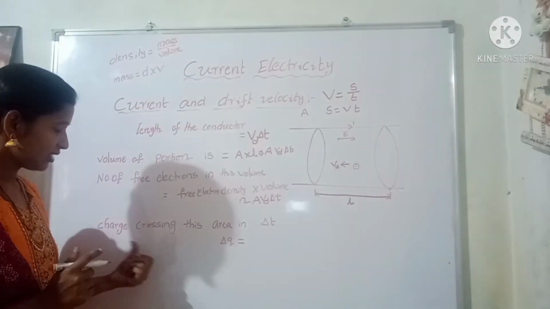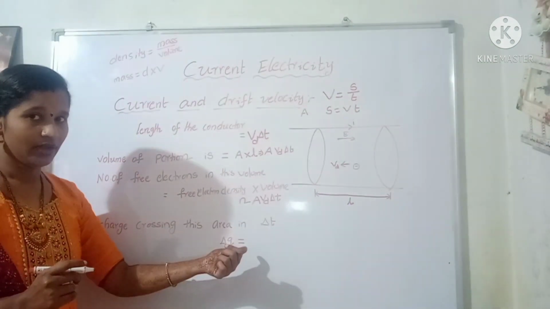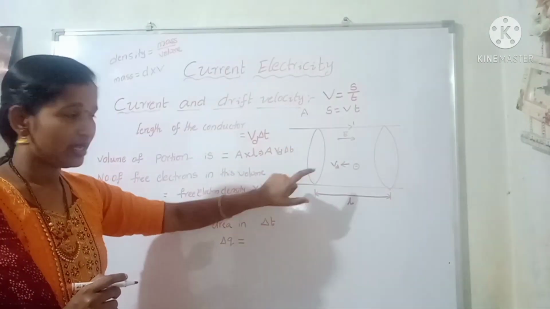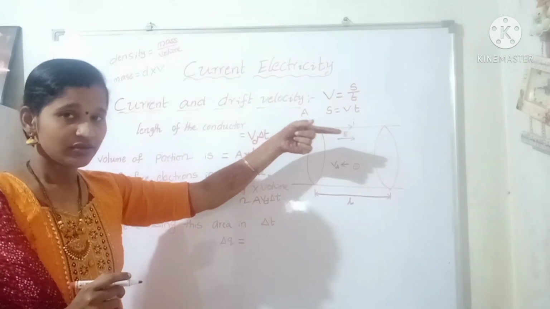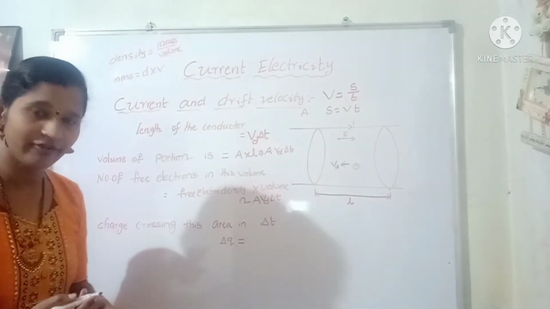Now we can see the charge crossing this area in time delta T. When this conductor is connected to the battery, the electrons move and the current moves opposite. Current is nothing but the flow of charge.